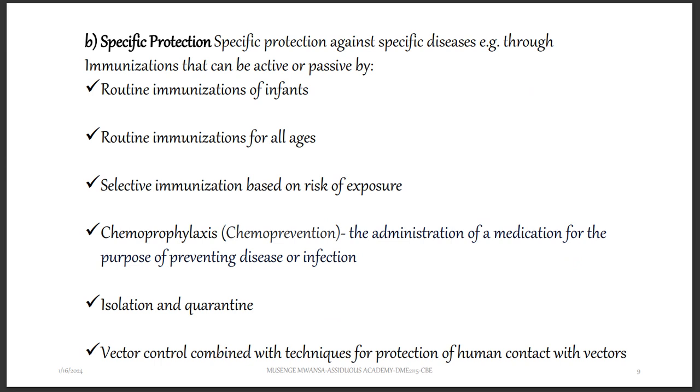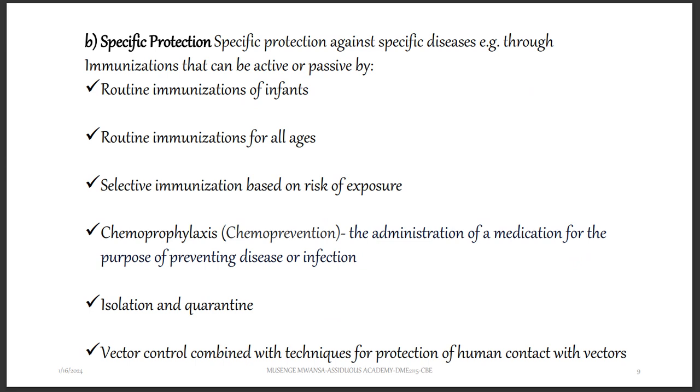Passive is something that has already been made, but then it is transferred to the body. For example, when you are breastfeeding, the child can take antibodies from the mother, which have already been made. That is passive. Now, active has to do with the body itself making antibodies.